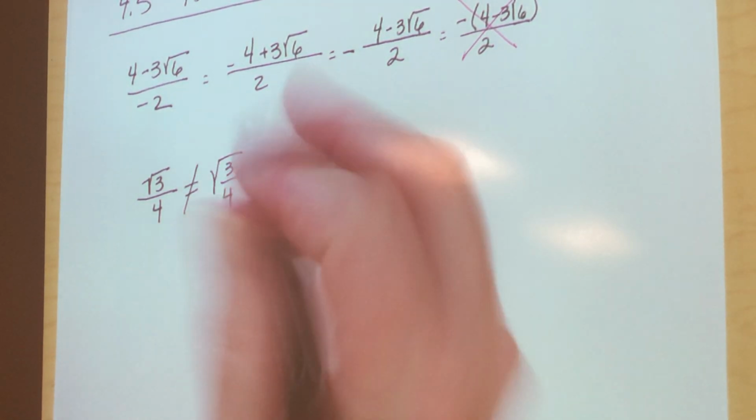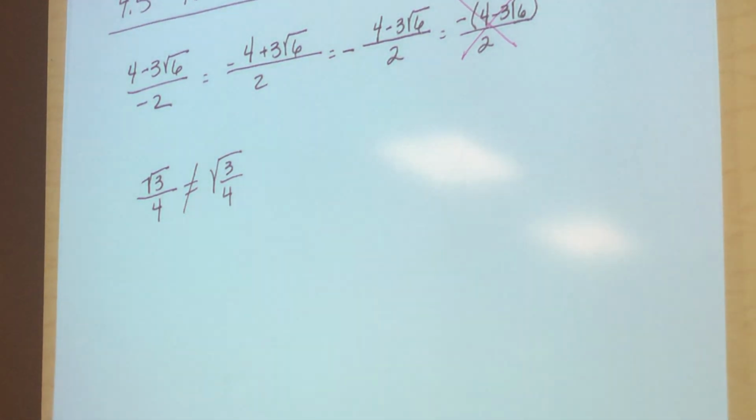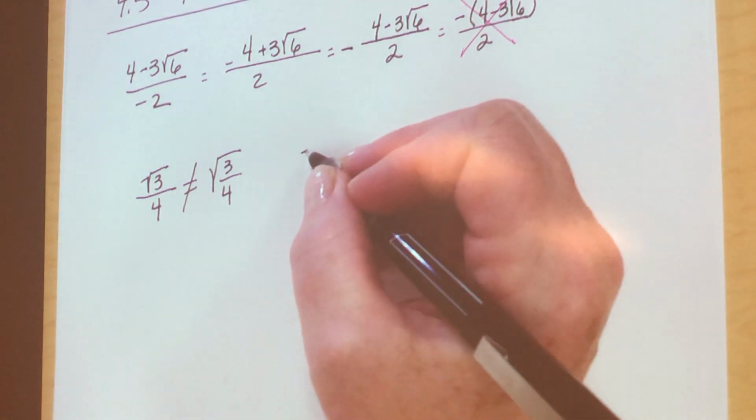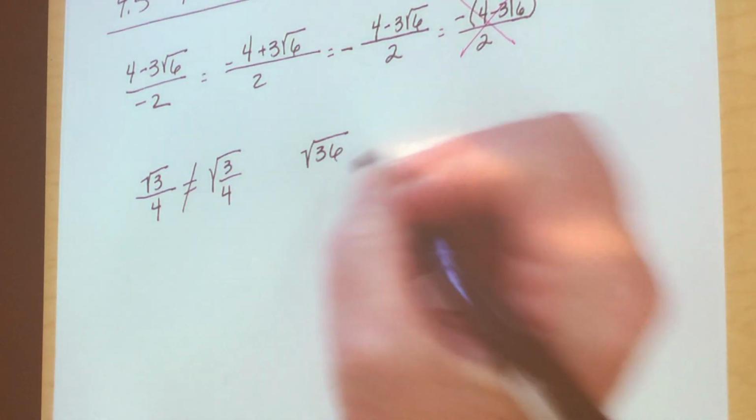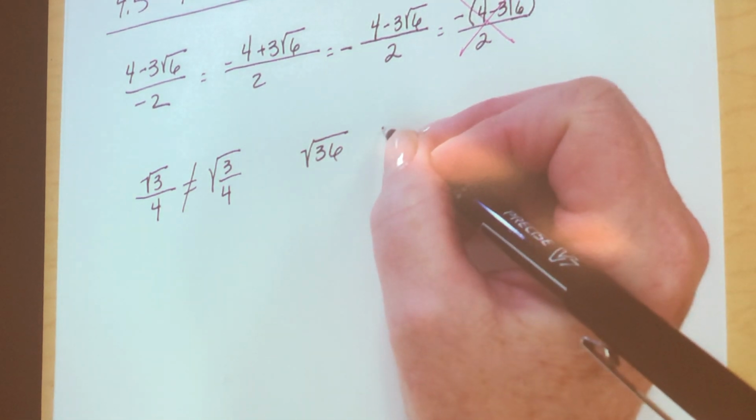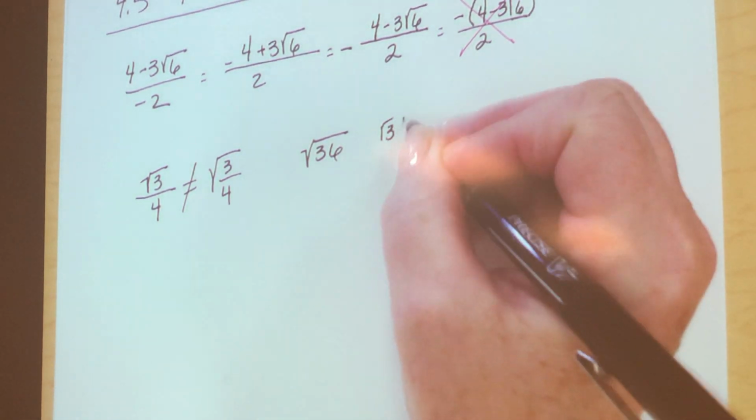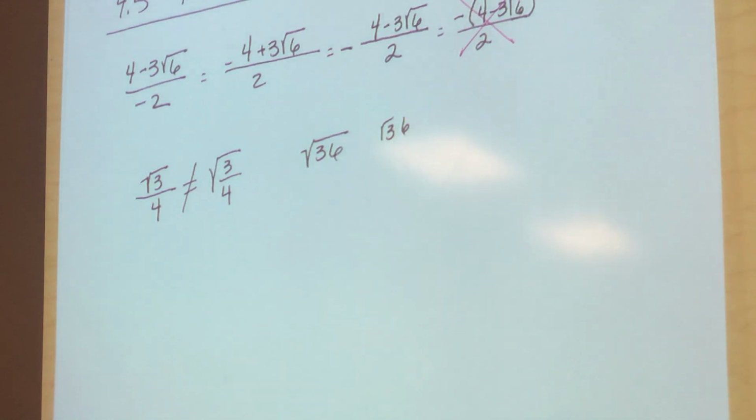So I would take off for that right there. So you need to be very careful about that. Don't do that. Here's another place I saw it happen. If I had the square root of 36, then some people just do this. And I'm like, whoa, wait a minute. Is that 6 times the square root of 3, or is that the square root of 36? Do you see what I'm saying? Most of it's about being neat, okay? Most of it is about being neat.